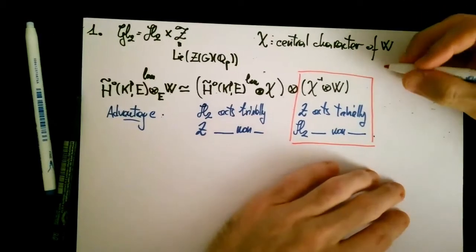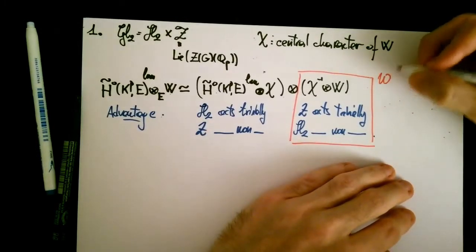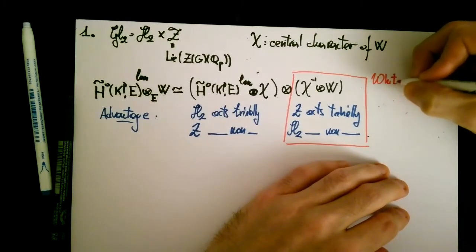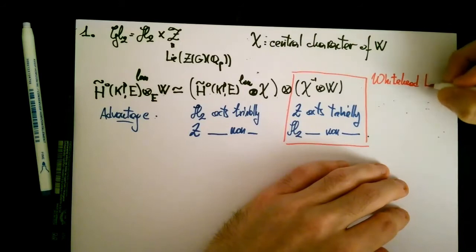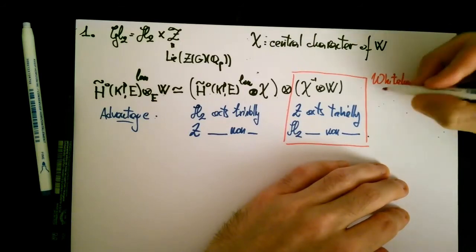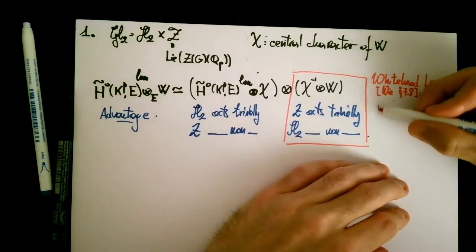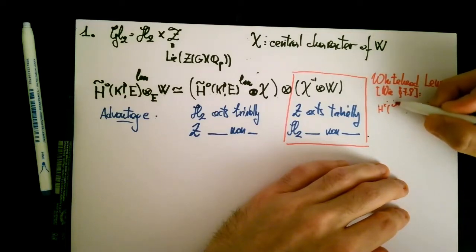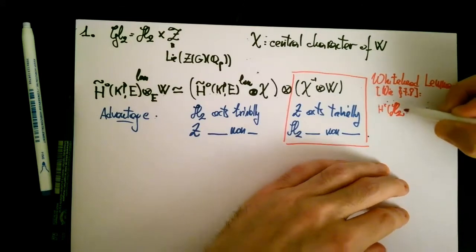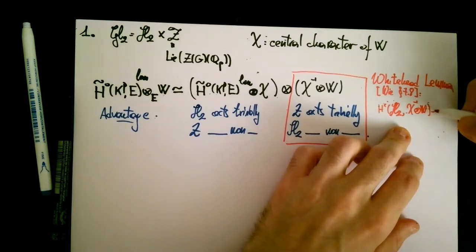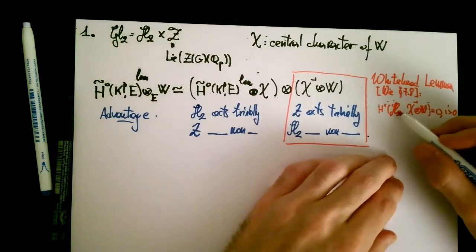So the Whitehead lemma is a classical lemma, which you can find in Weibel 7.8. It tells you that the Lie algebra cohomology H^i of SL2 of this is 0 for i strictly bigger than 0. And why? Since this is a semi-simple Lie algebra.